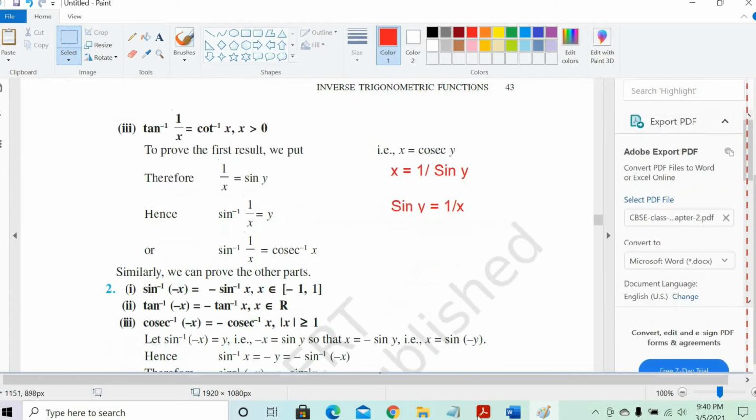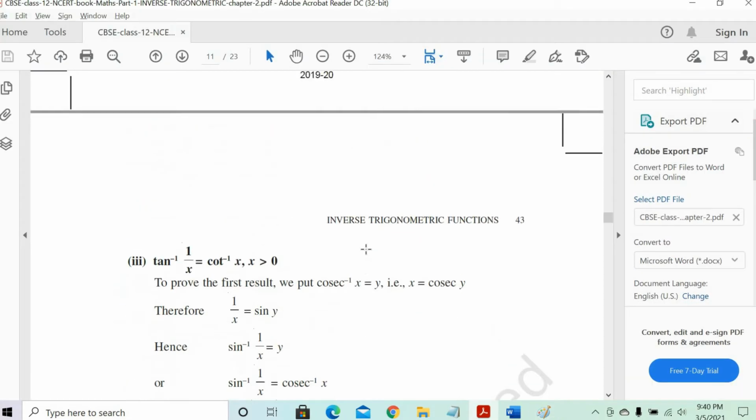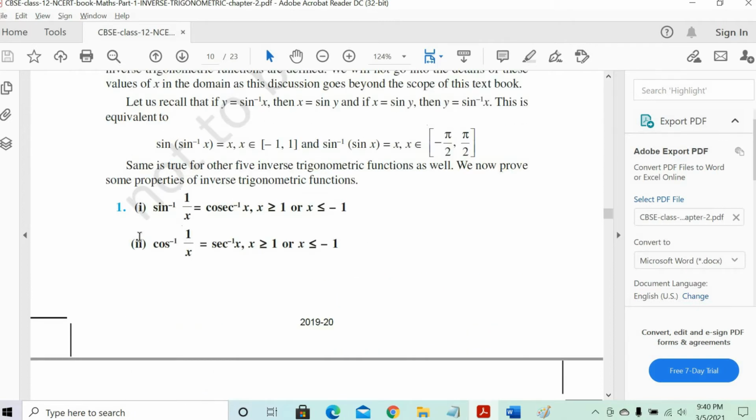Yes, sir. Clear. Okay. So now can you do for the cos inverse x? Cos inverse 1 by x is equal to secant inverse x, and show it to me. Yes, I can try now. Second property, try this.